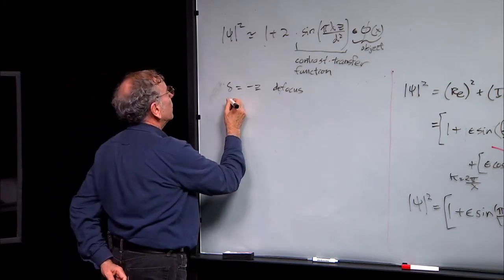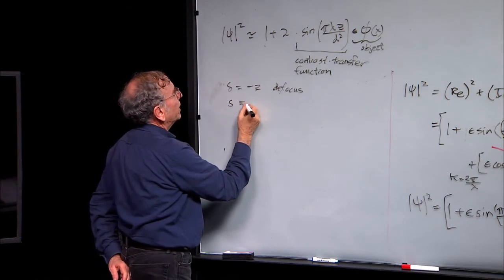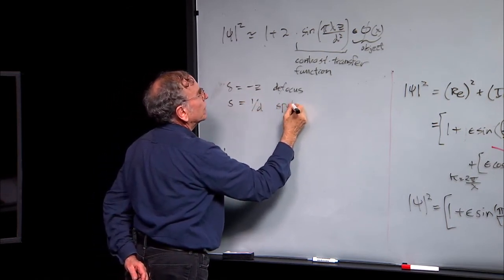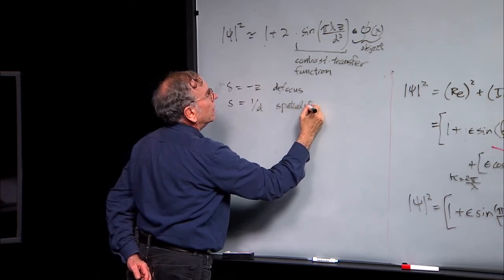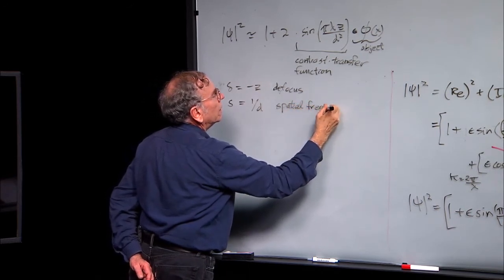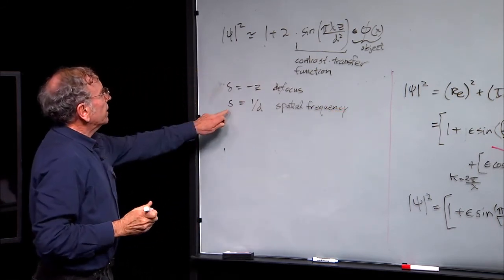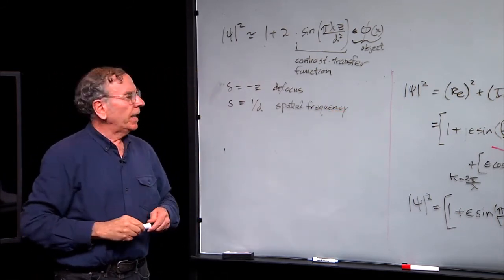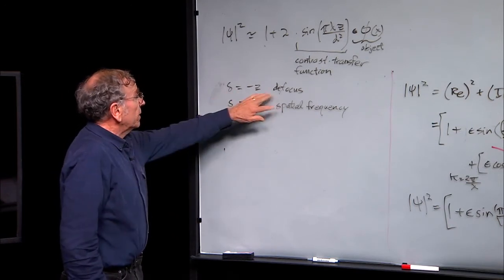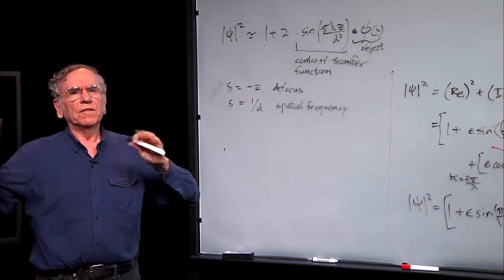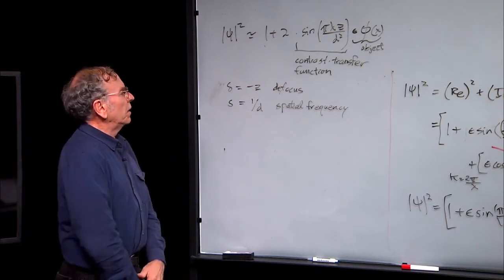And the other thing is I'm going to define a quantity s, which is 1 over d, which is going to be a spatial frequency. So s is going to have units of inverse angstroms. And delta is going to be this defocus, which is going to be on the order of a micron or a few microns.